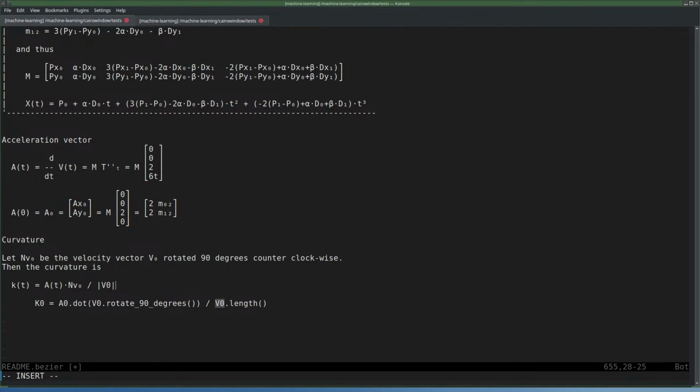Yeah. To the power 3 divided by 2, or no, what is it? No, this is already the length of V. So this to the power of 3 then.